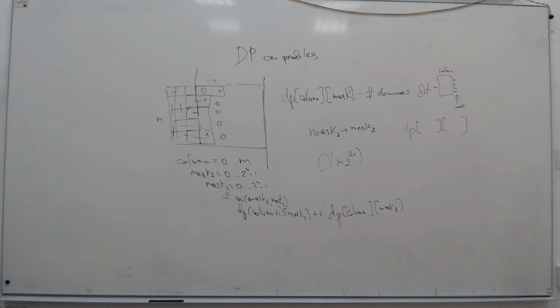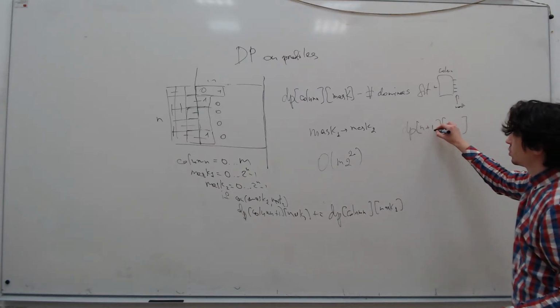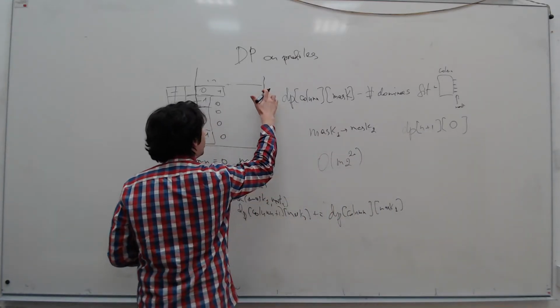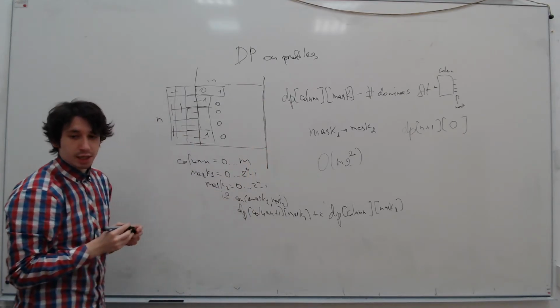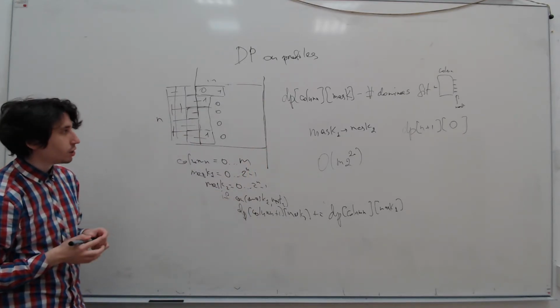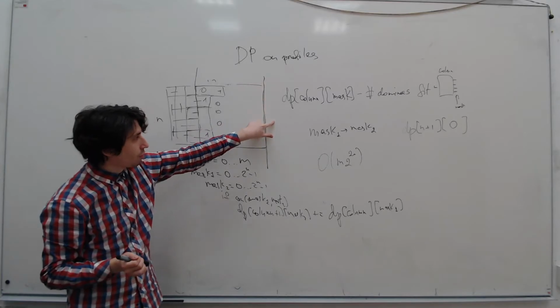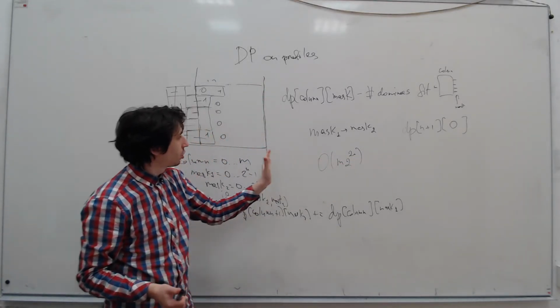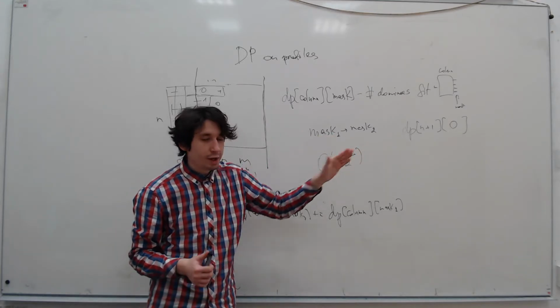Okay, let me do this. It is dp n plus 1 with mask 0. Because if you split here, you want that none of the dominoes are coming outside of the box. So the mask is 0 here, so all the zeros are here. So the answer will be dp of the column, and the column is the next one, with 0 there.